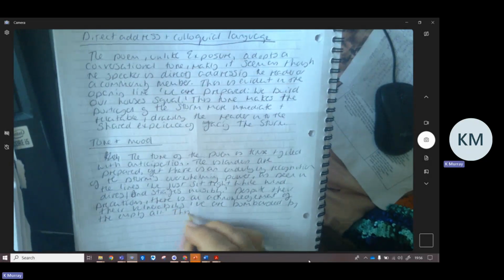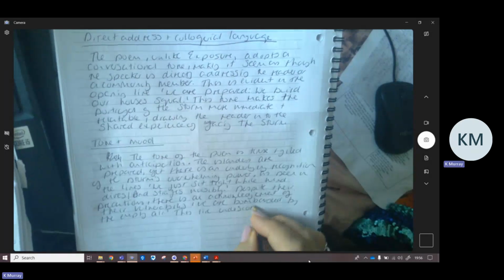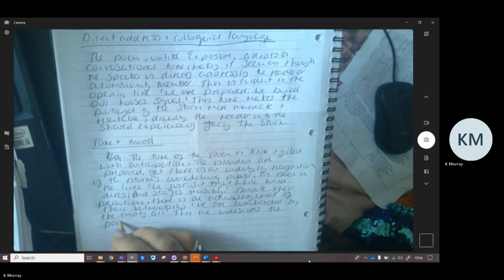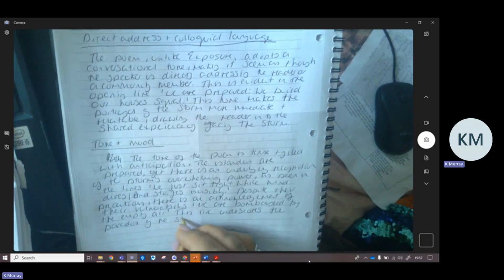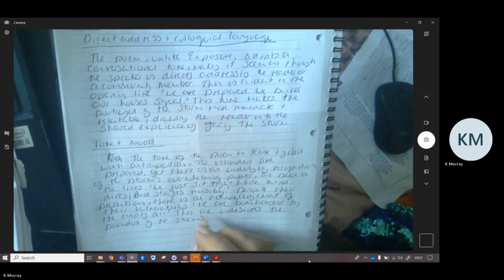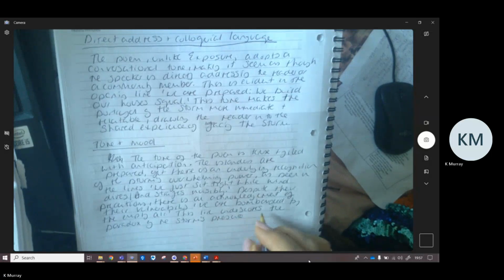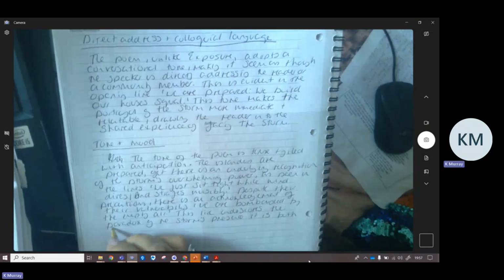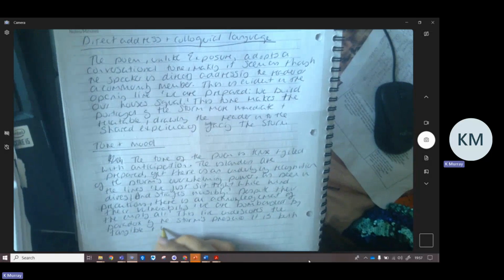This line underscores the paradox of the storm's presence. It is both tangible, that means sort of like real, and intangible.